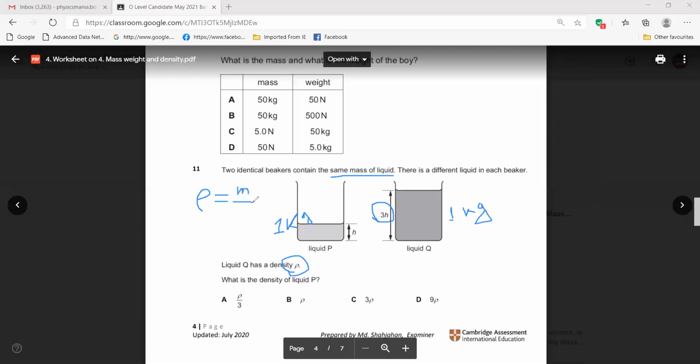This one they give. So for liquid P, we are thinking it is rho P by Vp. For both P and Q, m is the same, right? That's why in both cases we are using m.